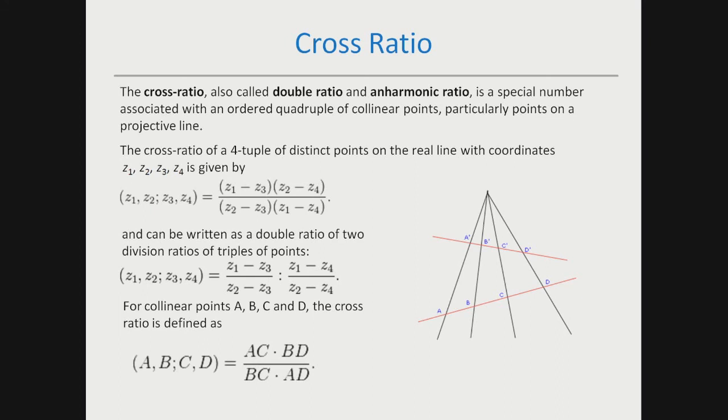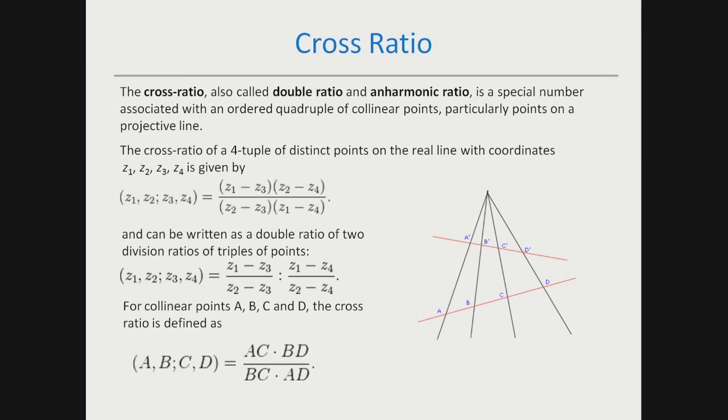This is why it's called double ratio. It's one of the interesting things, and it was discussed even during Euclid's times. He was one of the people who thought about this as a ratio of ratios, which is interesting.